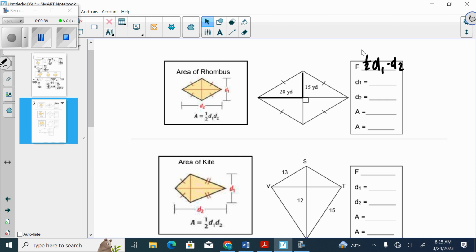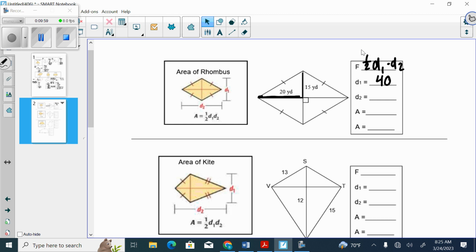Not 20, 40, or 30, like Lance said. They didn't specify which one's diagonal 1 and diagonal 2. They said this part is 20. That's not a diagonal. It's the whole line, right? So 40 for diagonal 1.